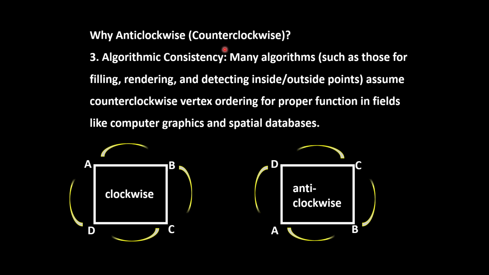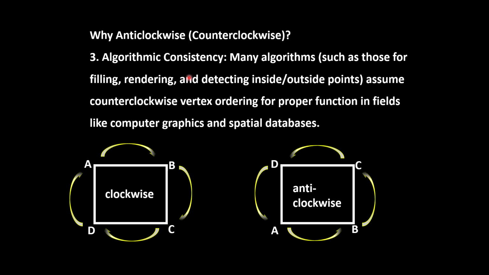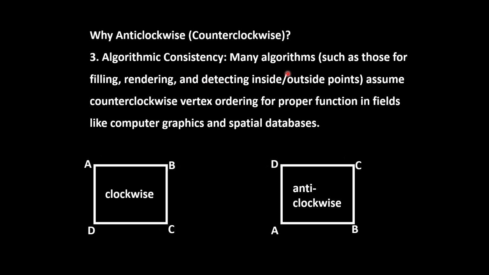Why anti-clockwise? Point number 3. First was coordinate axis. Second was mathematical orientation. The third point, algorithmic consistency. Many algorithms, such as those for filling, rendering, and detecting inside and outside points.